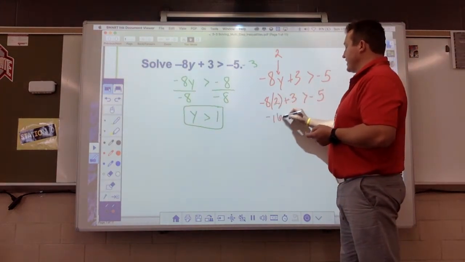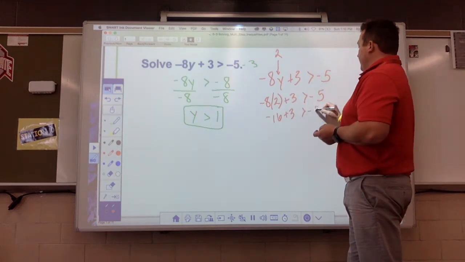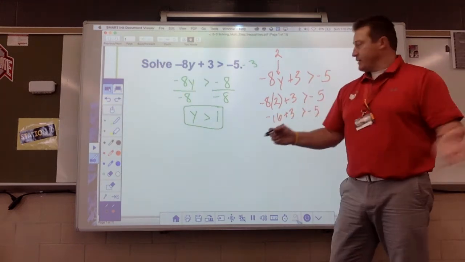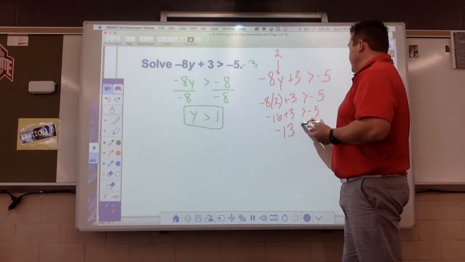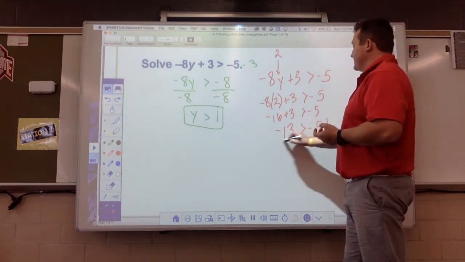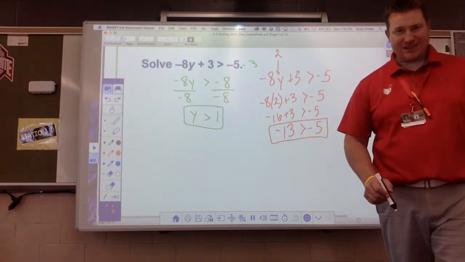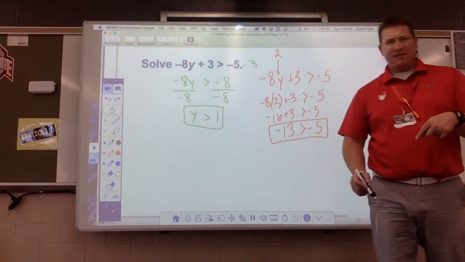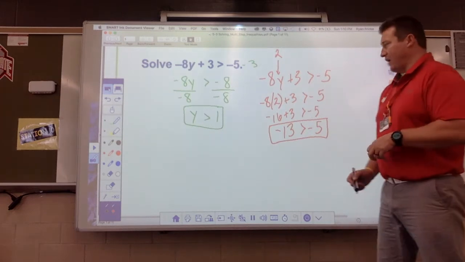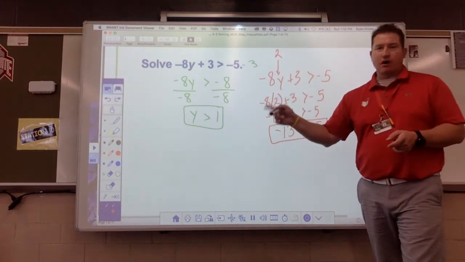So this is negative 16 plus 3, okay? And of course, as you guys know, negative 16 plus 3 is negative 13. Is this a true mathematical sentence? Is negative 13 greater than negative 5? No, it's smaller than negative 5. So that means we didn't solve this right.